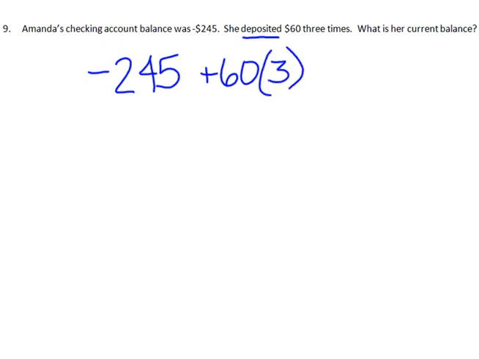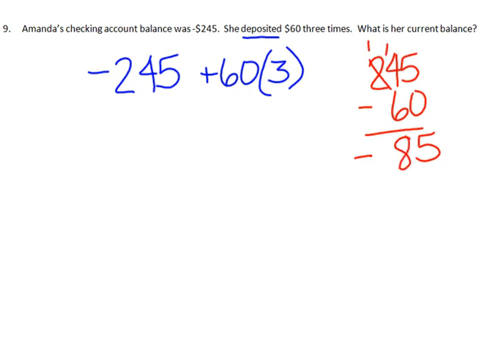Okay, that's what your expression would look like. You could also start at negative 245 and start adding in $60 each time. So we're going to get closer to 0 every time. So that means that we're going to have a smaller negative. Okay, so we do 14 minus 6 is 8. Okay, so that represents 1 time.